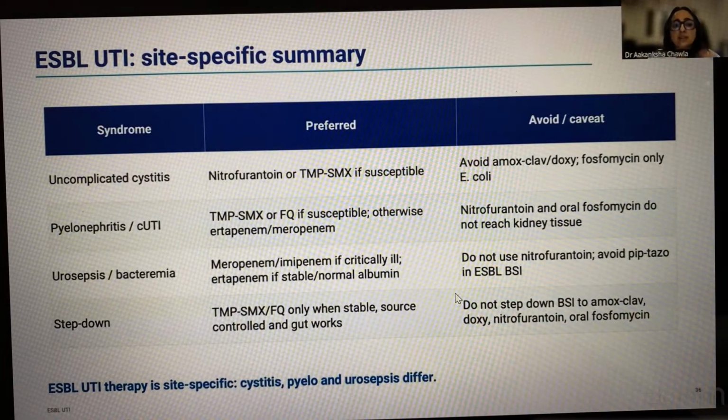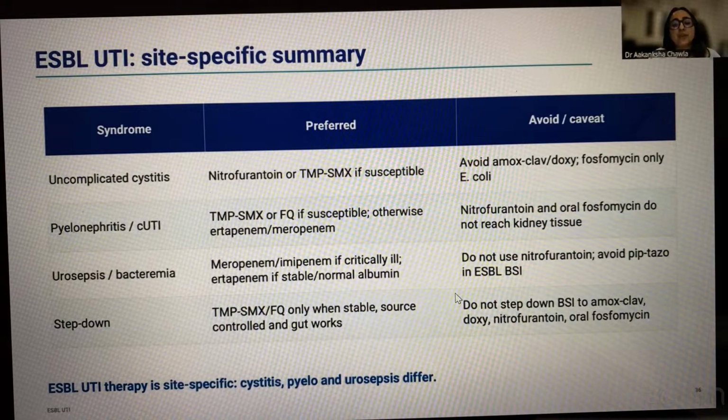So when we look at the ESBL UTI, for uncomplicated cystitis your drugs of choice are nitrofurantoin or trimethoprim-sulfamethoxazole if susceptible. For pyelonephritis or complicated UTI, trimethoprim-sulfamethoxazole or a fluoroquinolone if susceptible. Otherwise, ertapenem or meropenem.